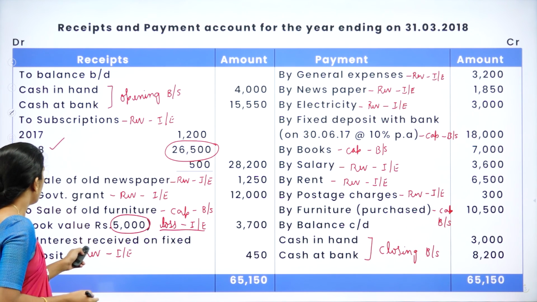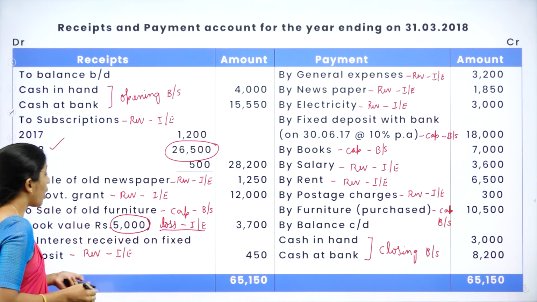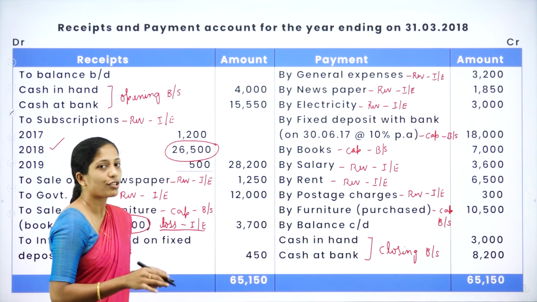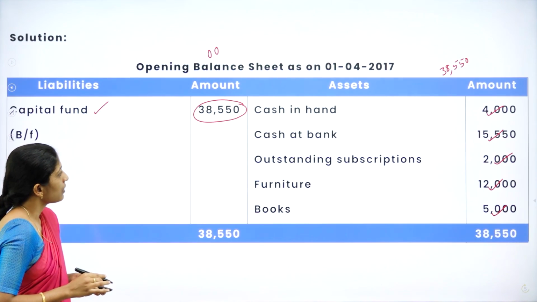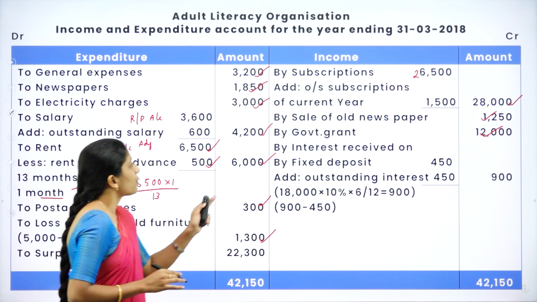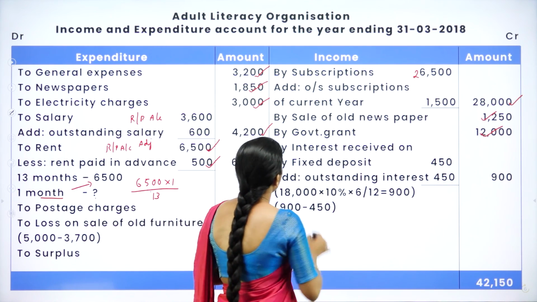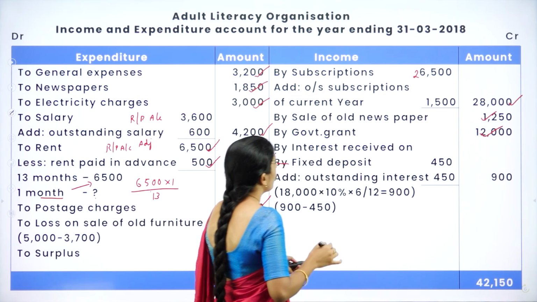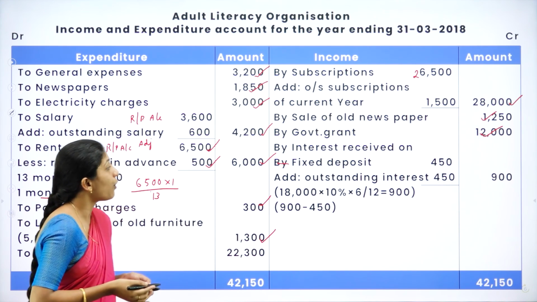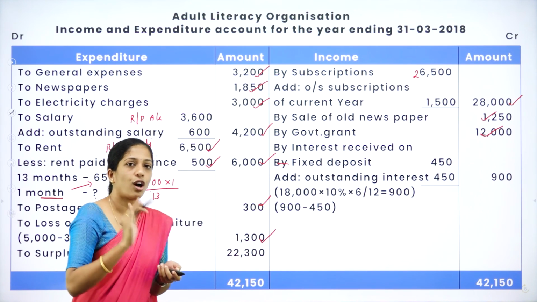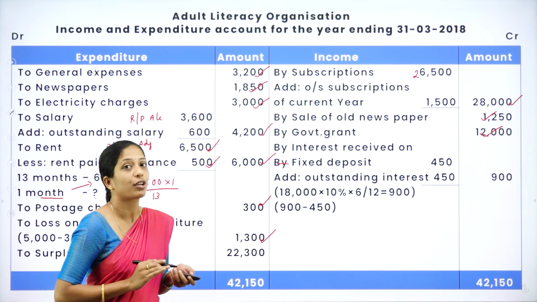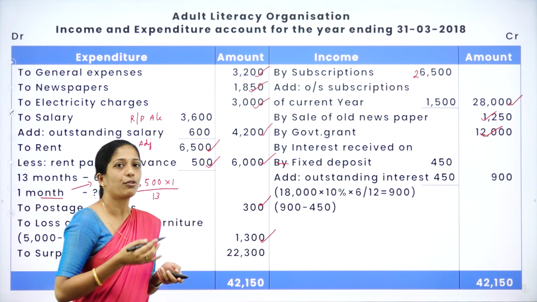And the next is to interest received on fixed deposit. So it is also a revenue item. So where are we going to record? By interest received on fixed deposit, how much? 450, but there is an outstanding interest. They have not given it in the adjustment, but we have to calculate outstanding interest. So how to calculate?